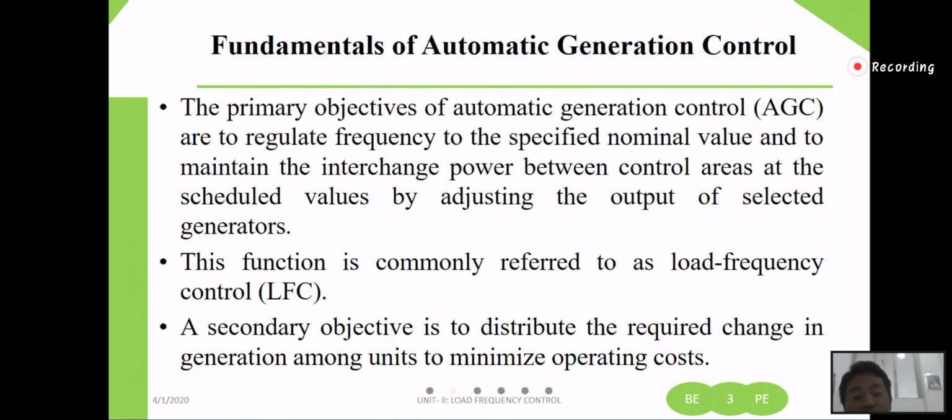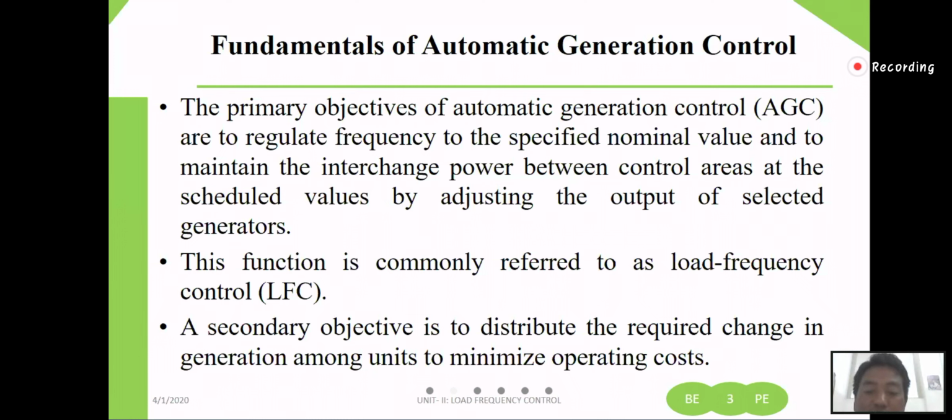And then another objective, the secondary objective of automatic generation control, is to distribute the required change in generation among units to minimize operating costs. Okay, so Chuka has 4 units. From the 4 units, we will not employ automatic generation control in all 4 units.